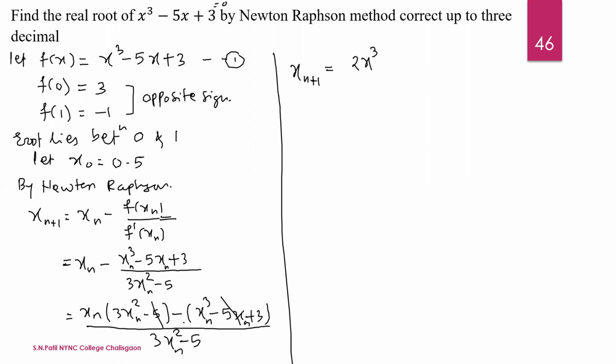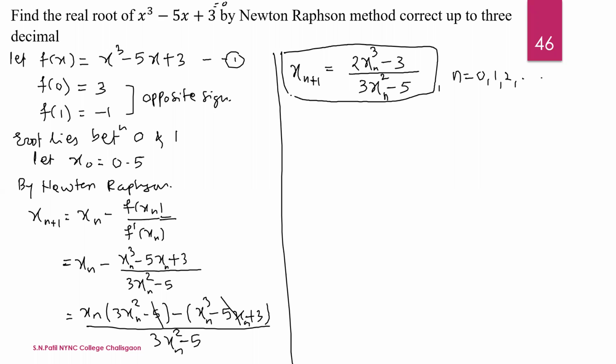Now the minus sign is multiplied to the 3, so here minus 3, divided by 3x square minus 5, with suffix n, and n is equal to 0, 1, 2, and so on. This is the generalized formula for finding the approximate root of the given equation.